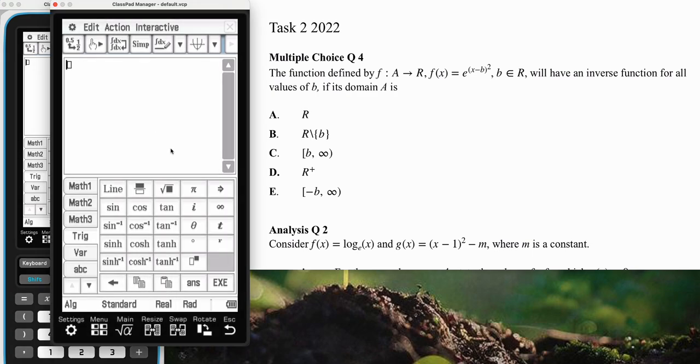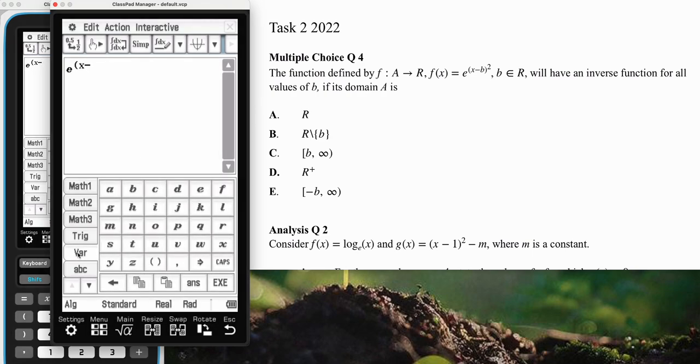Get the keyboard up, and I'm going to define this function e to the power of x minus b. The b, if it's in an equation and it's a parameter, should be from the variable keyboard, not ABC. Somebody told me today, oh, it doesn't make any difference. Yes, it does. So there's my function.